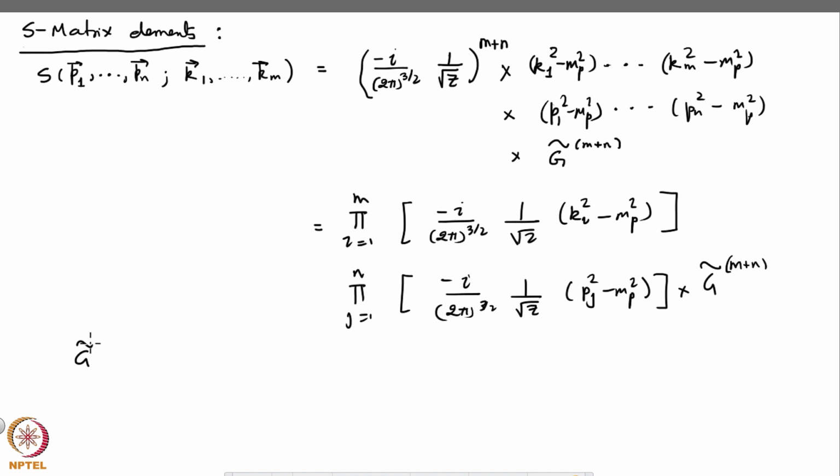G tilde 2 we found is iZ over p square minus mp square, where this Z, which I had introduced earlier, is not the wave function renormalization constant that I denote by Z phi, plus regular terms.